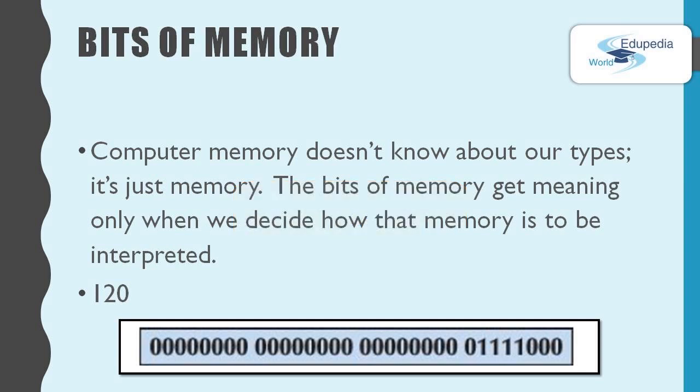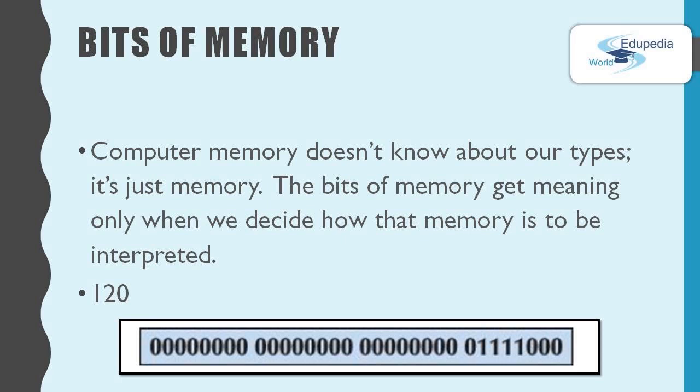Now take a look at what's shown here. The very same bits of memory that represent the value 120 when looked upon as an int would be the character x when looked upon as a char. If looked at as a string, it wouldn't make sense at all and would become a runtime error if we try to use it.